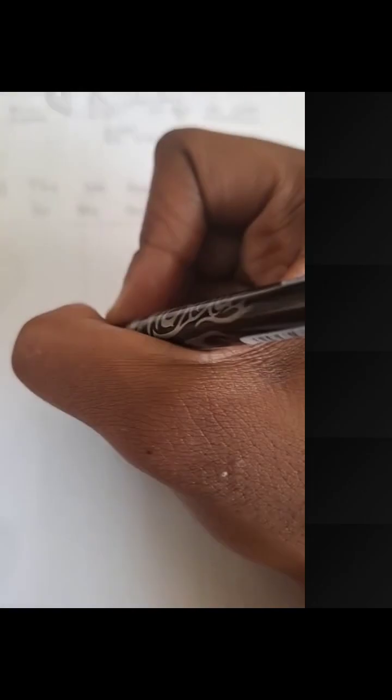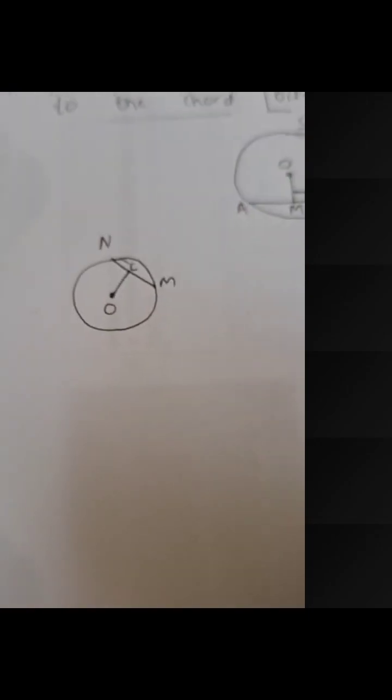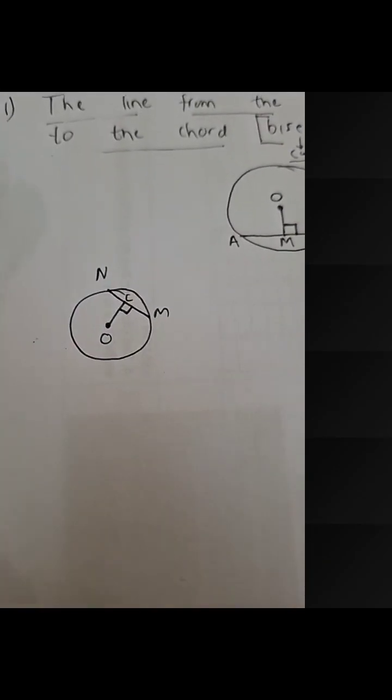So imagine now, guys, if I had a diagram like this. There is a chord, there is a line. Let's say this is N, M, C, O. Question is, what do you see?